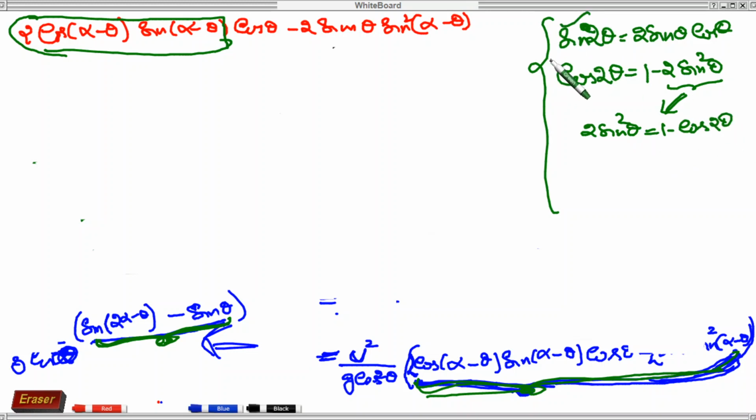These two are the main formulas, and they will be used here. So let's see what the new equation becomes.